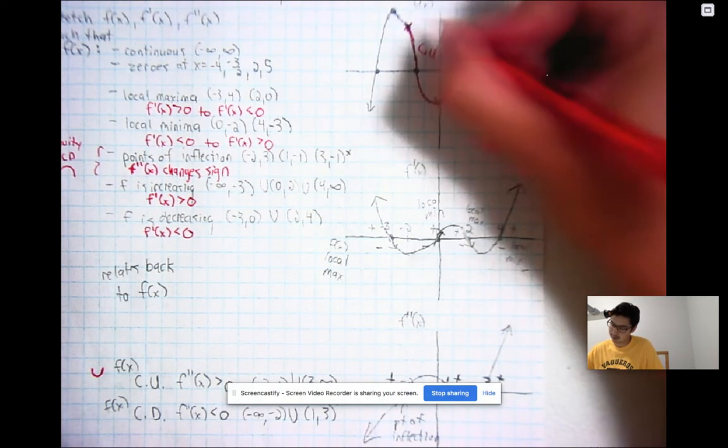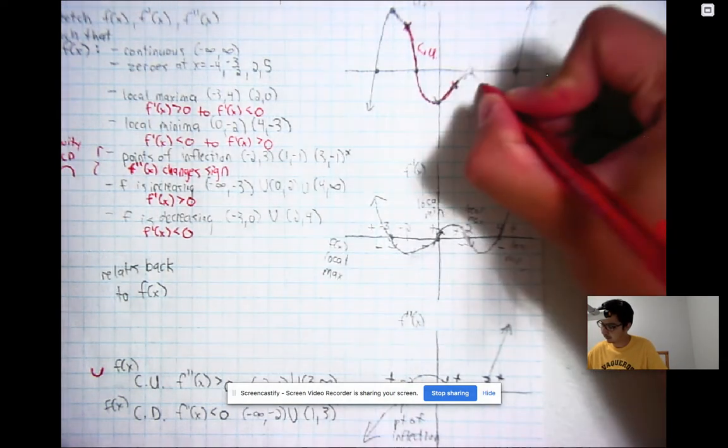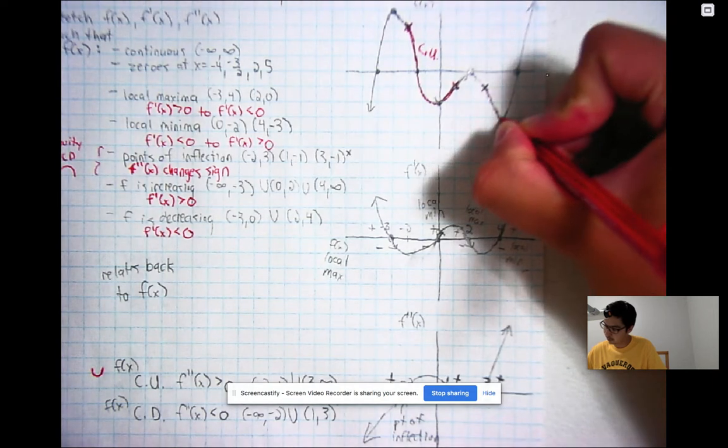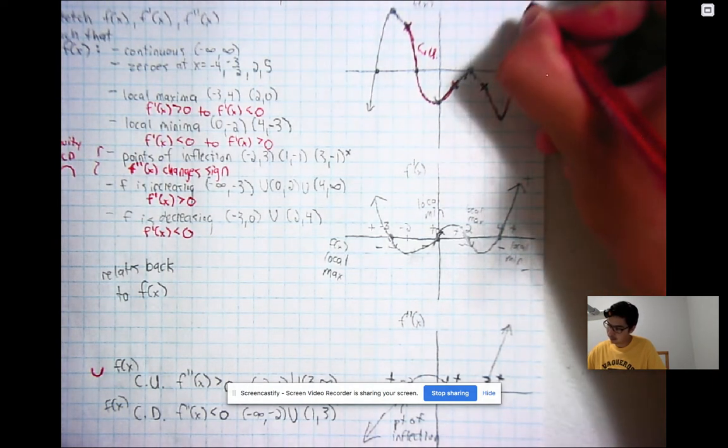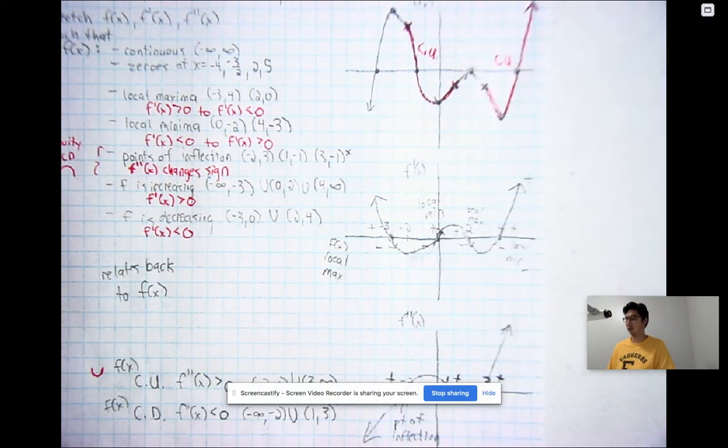And you can see that it's holding water, it has that upward bowl. And also from 3 to infinity, notice that it's also concave up there, in which it has that bowl that's holding water.